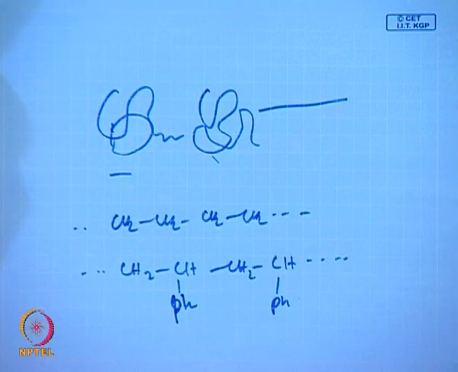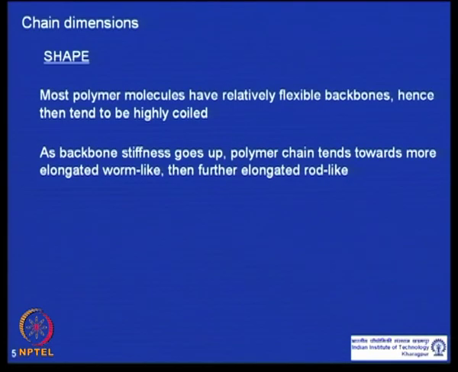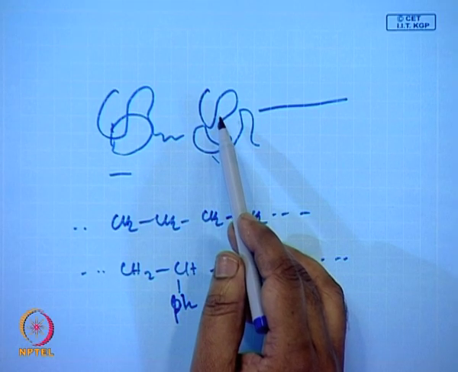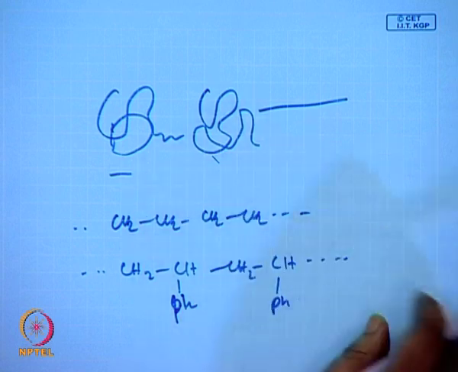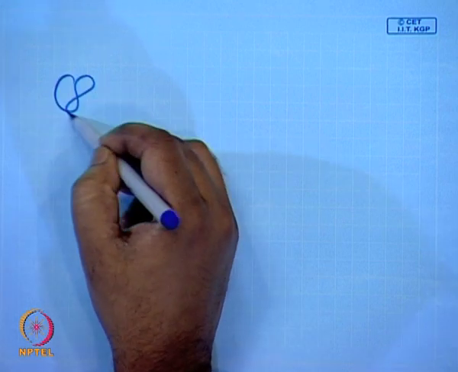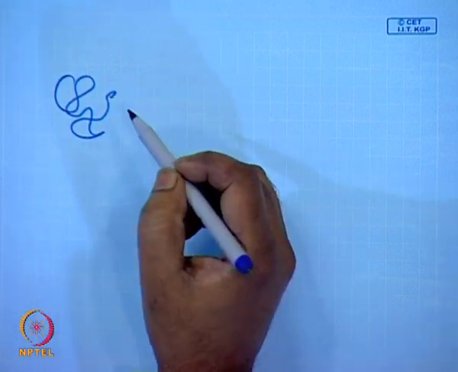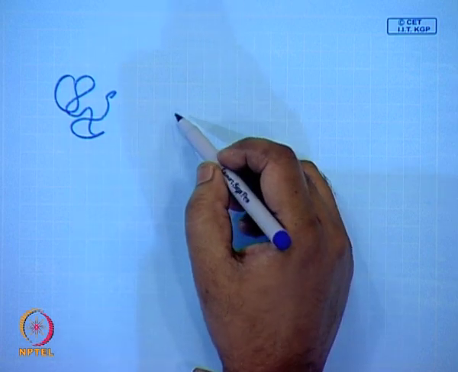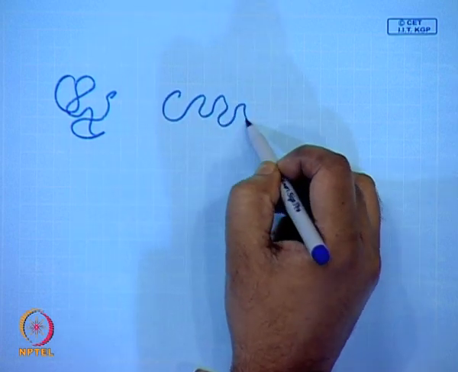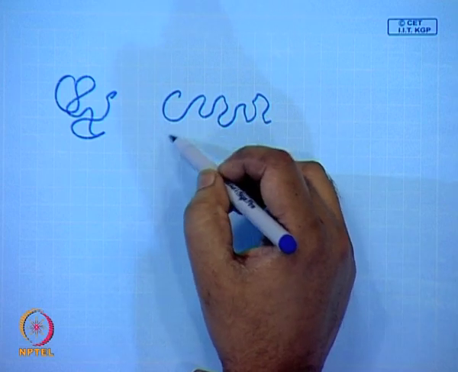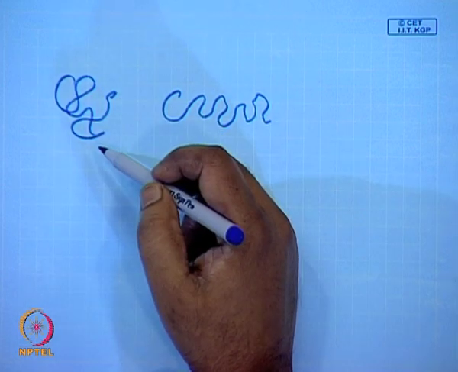Now, if the stiffness goes up, the flexibility comes down, and coiling will not be possible. So this is like a coil structure; if the stiffness goes up, it will be something like a worm-like chain, because it is not flexible enough to become a coil.